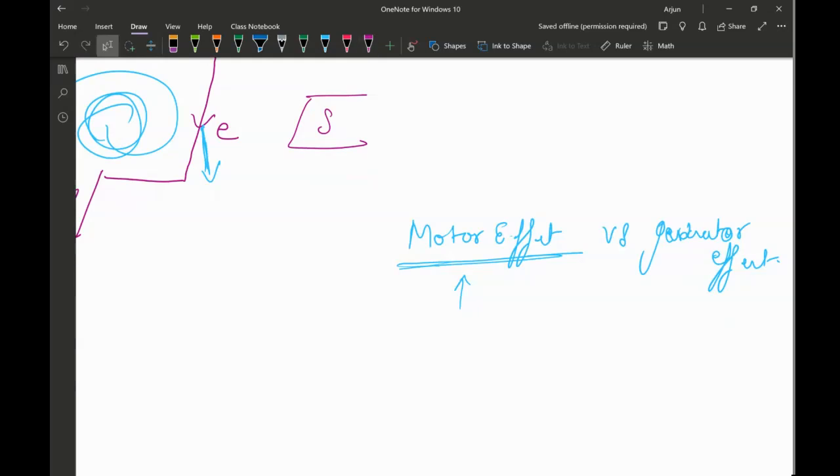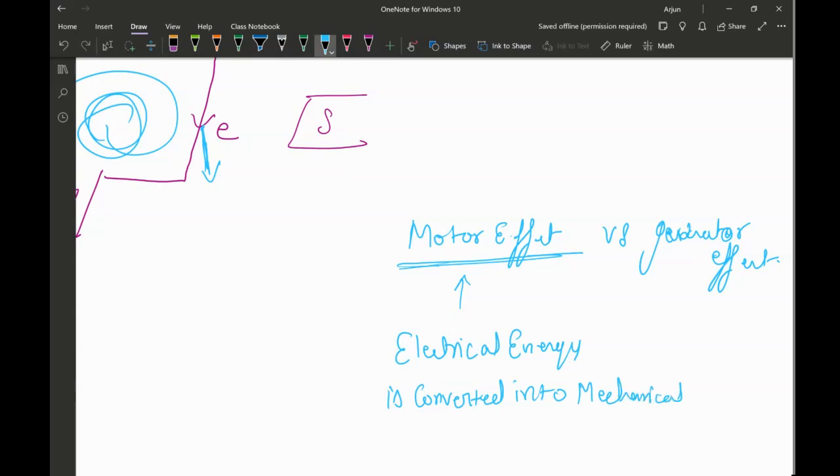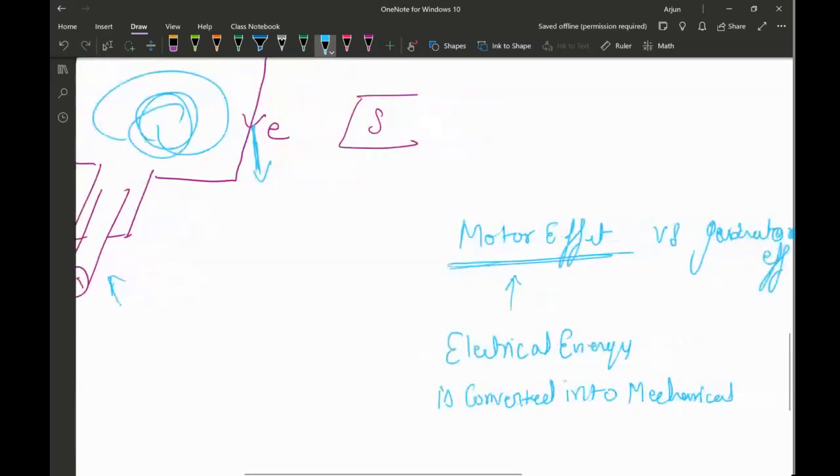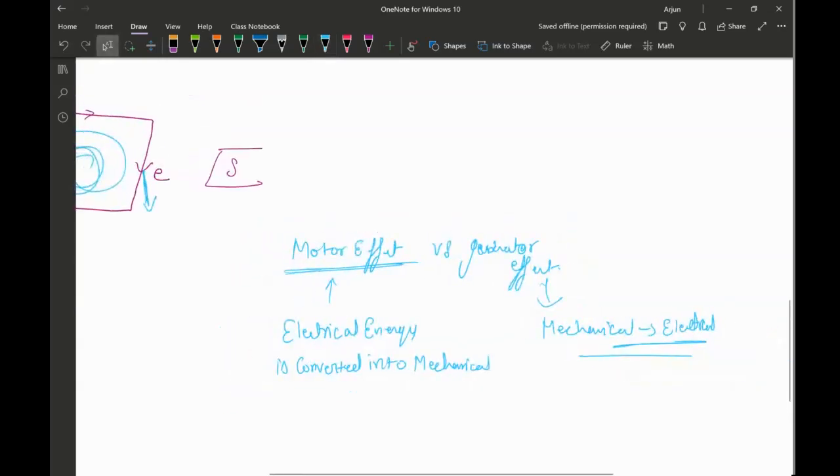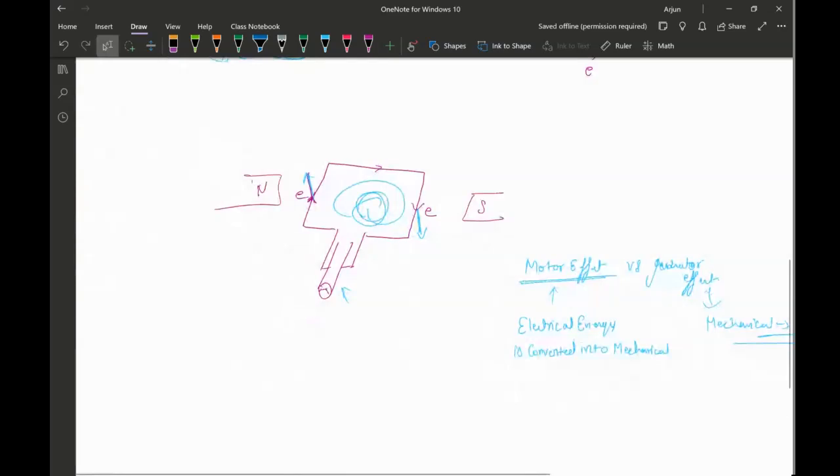In simple words, in motor effect, electrical energy is converted into mechanical, because the shaft is moving in this case, and the other way around in generator effect, mechanical is converted into electrical. That's it. That's the difference between the two. So hopefully you were able to understand the difference between these two.